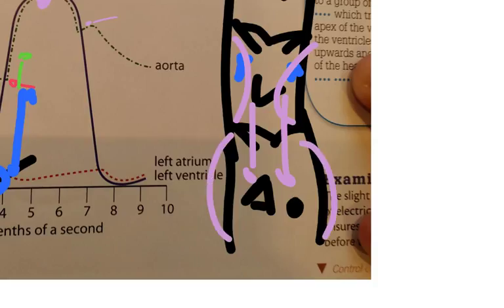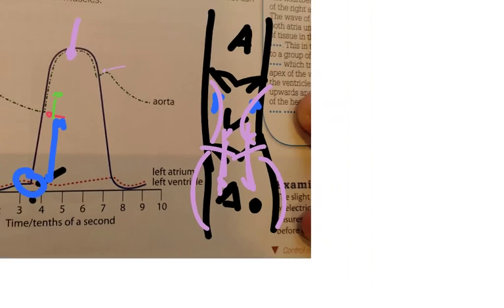So blood has flowed from the ventricle into the aorta because the ventricle has decreased in volume, increased in pressure, squeezed the blood into the aorta, the aortic walls have expanded outwards, the ventricle stops contracting, begins to relax, at which point the pressure is greater in the aorta than in the ventricle, at which point the blood flows back from the aorta into the ventricle, and that pushes this valve closed.